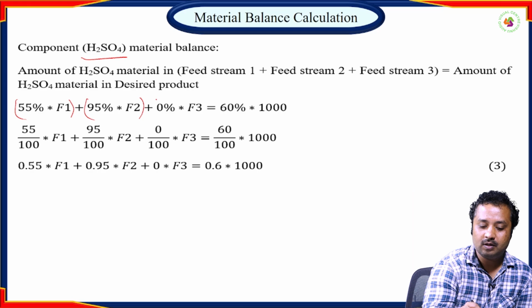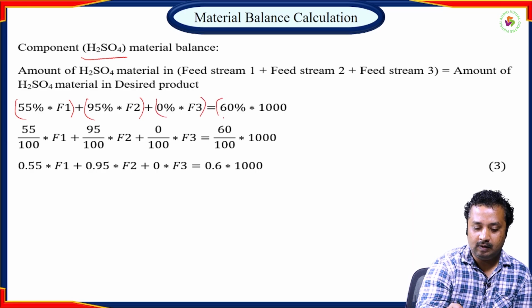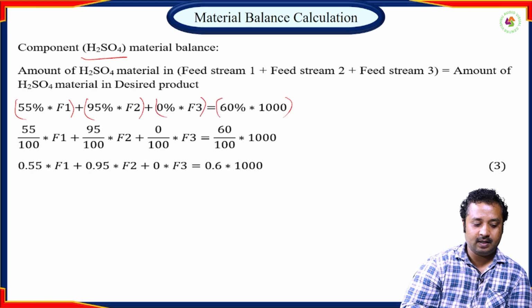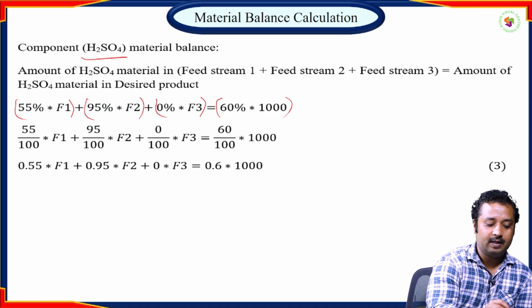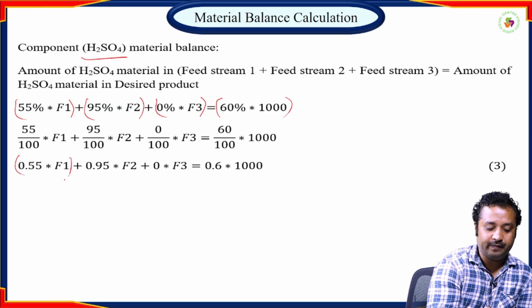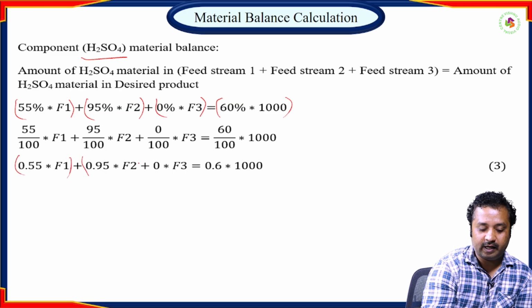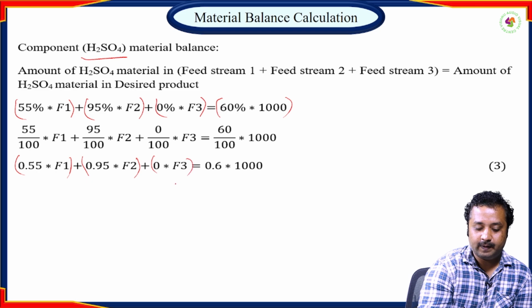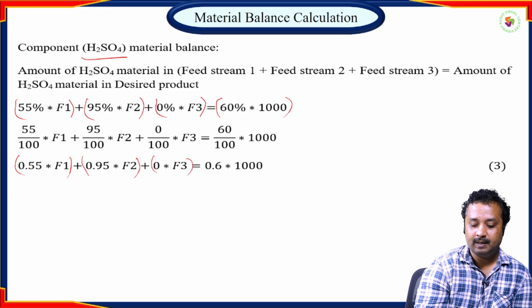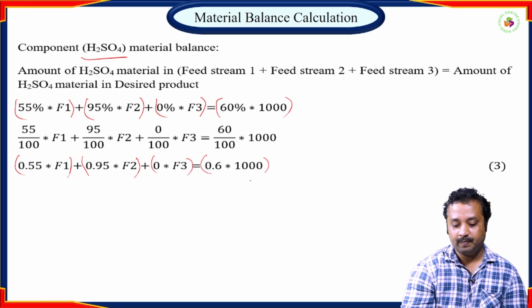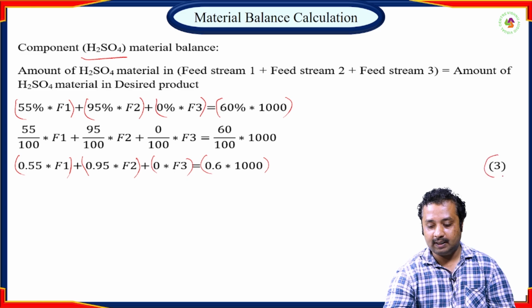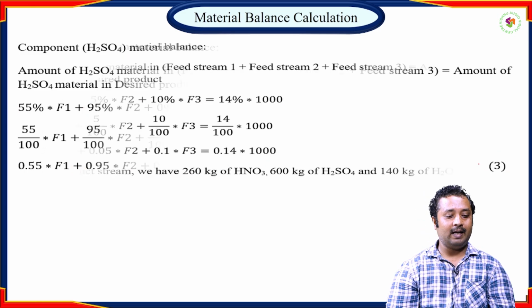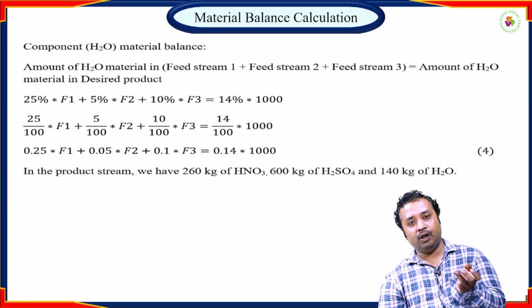When we simplify, we get 0.55 into F1 plus 0.95 into F2 plus 0.0 into F3 is equal to 0.6 into 1000. This is called equation 3.